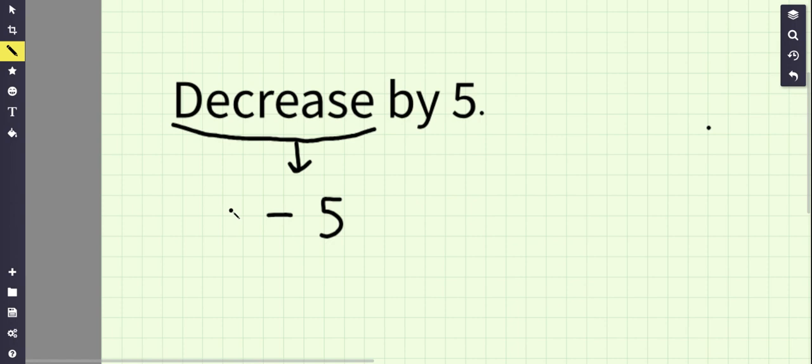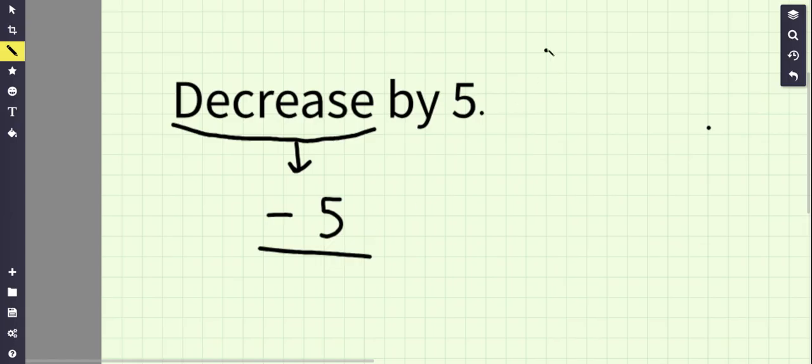It's like you decreased 5 feet, right? You decreased 5 inches. We have that negative five there, representing the number of feet or inches. Let's say you lost 5 inches, or you decreased by 5 inches.